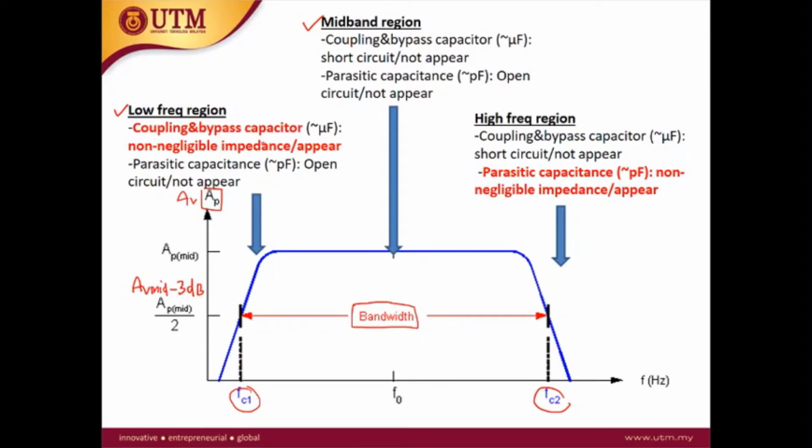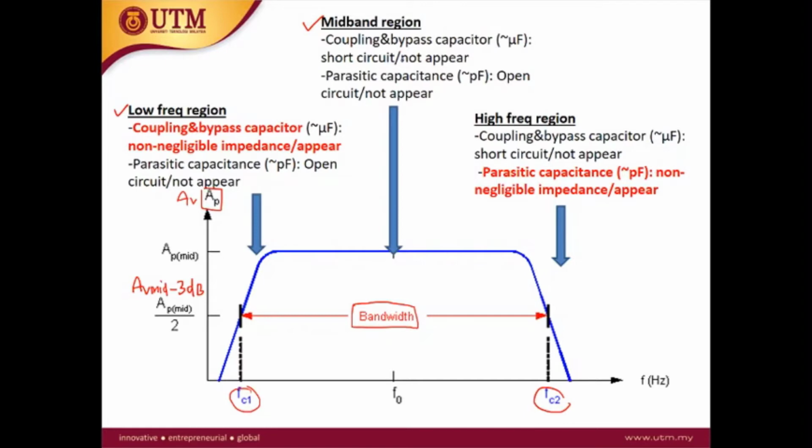So what's the difference between the low frequency, mid-band, and high frequency regions in terms of circuit analysis? When we analyze the gain, we do the analysis based on the equivalent circuit. How we draw the equivalent circuit, and specifically the components inside it, will affect our analysis result.